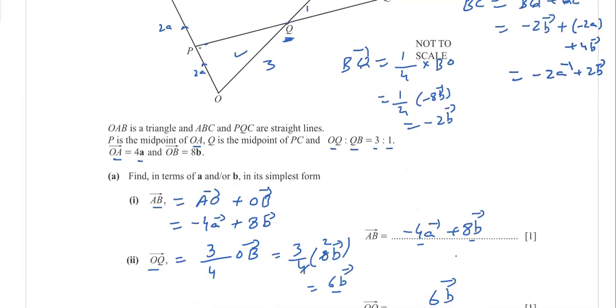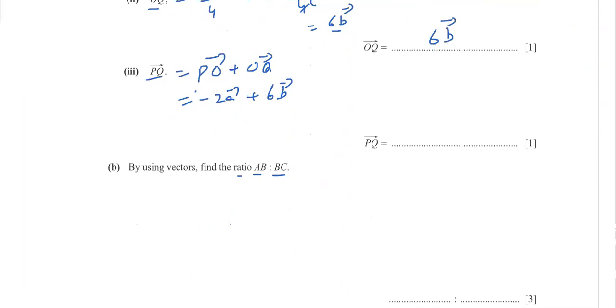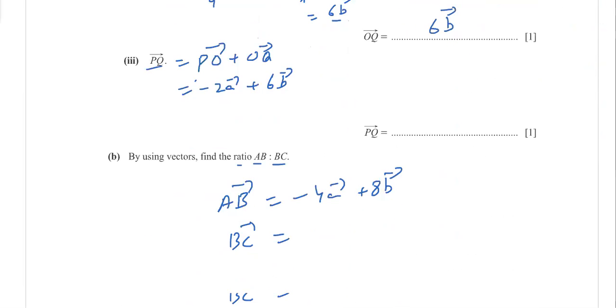Now what is our AB? Vector AB is minus 4A plus 8B, while vector BC is minus 2A plus 2B. Take common 2, because I have to make this a similar vector.